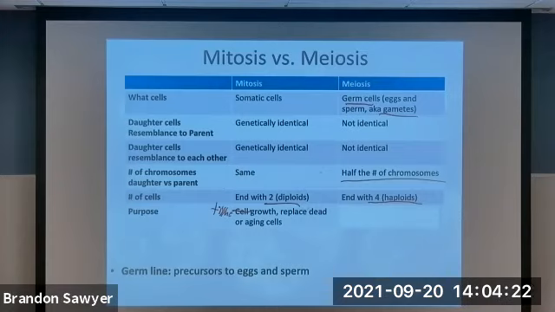So either adding cells to a tissue or replacing damaged or aging cells. Whereas with meiosis, the purpose is reproduction. These germline cells aren't the same thing as the sperm and the egg, but these are the cells that are going to eventually become the sperm and the egg after they go through meiosis 1 and 2.